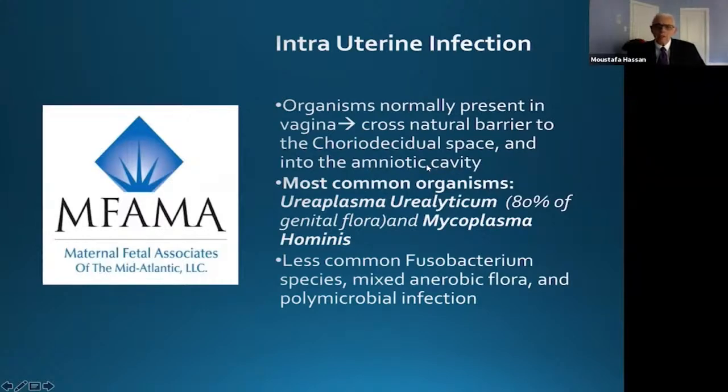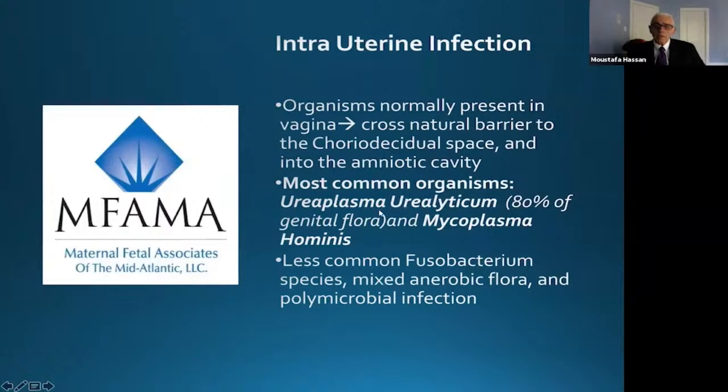They inhabit the vagina, but they are not causing any harm unless they cross the natural barrier to the choriodecidual space. Please bear in mind this choriodecidual space, because it is the most important thing. So they cross the barrier for whatever reason, we're going to learn about it in a few minutes, and go to the choriodecidual space and, in extreme cases, into the amniotic cavity.